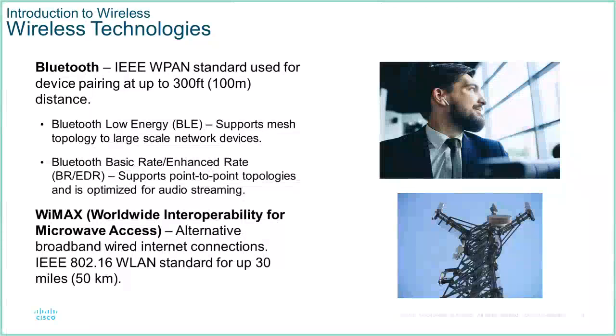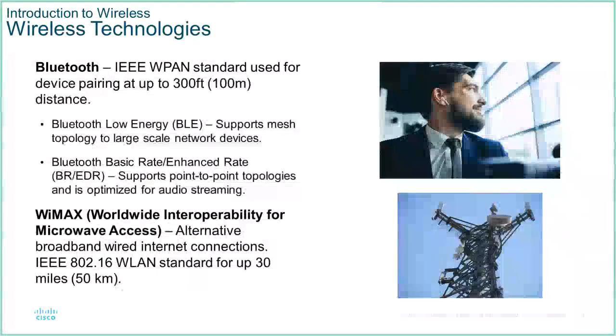So, as we said, 5 to 10 meters, and this is our personal area network. It's a low energy mesh type topology, which means it sort of links to everything else, and it supports basic rate and enhanced rate streaming.